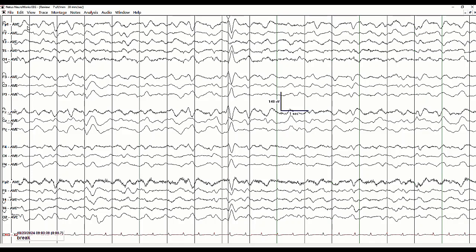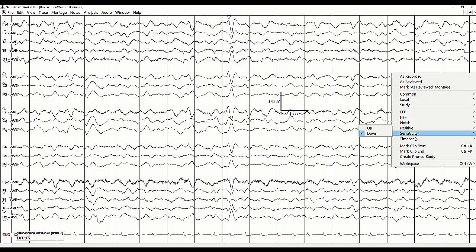So let's look at the deflection. I'm putting the vertical sweep edge, the red line, right at the apex of this FP1 upward deflection here. We can see that the apex, best seen in CZ, is not aligned directly underneath FP1, and for that matter F3. There's a little bit of a lag. So the apex is just following it.